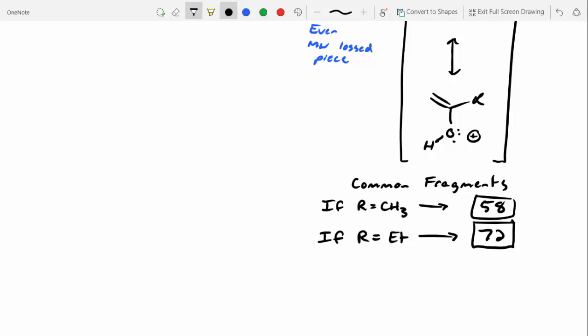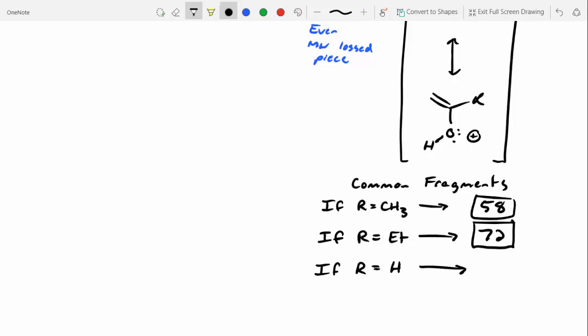What about if this is an aldehyde? This is a useful fragment. What do you guys think? 44, right?